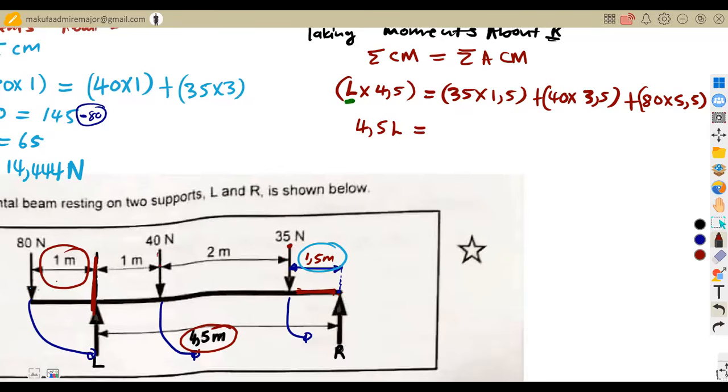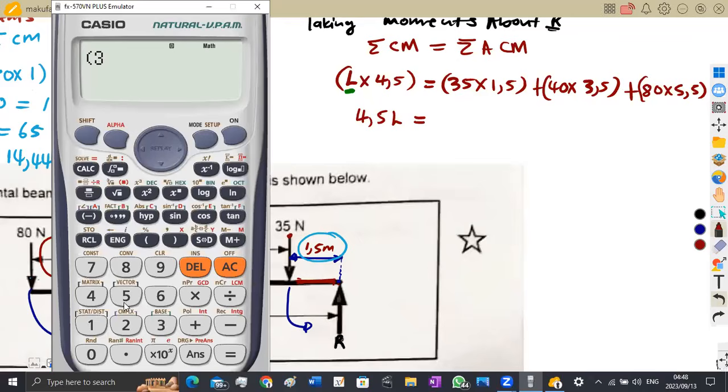In this case, from your calculator, you can just have this quickly combined. Let's see what you're going to have, which was going to be 35 multiplied by 1,5 in this case, plus 40 multiplied by 3,5. All right, plus we move on to 80 by 5,5. So that was 80 by 5,5 in this case.